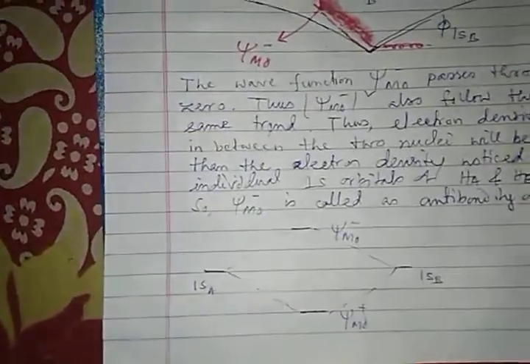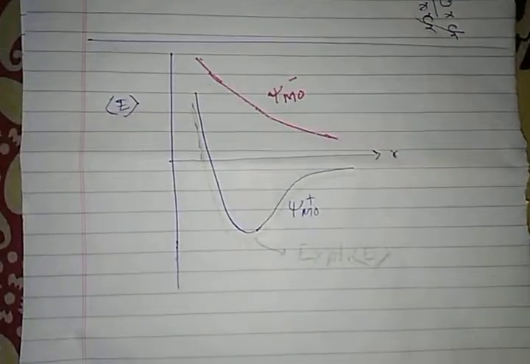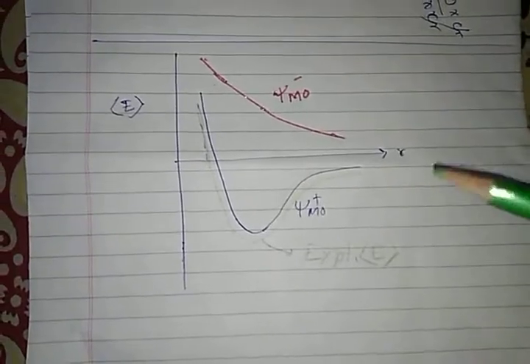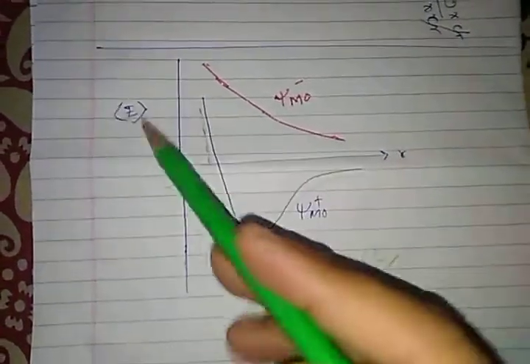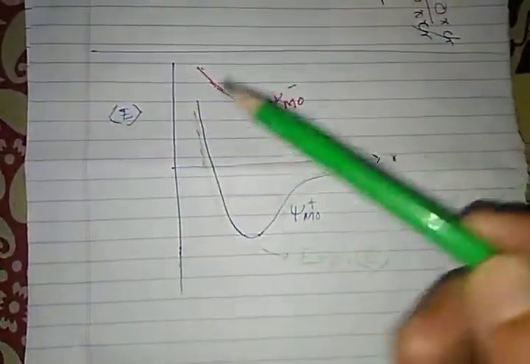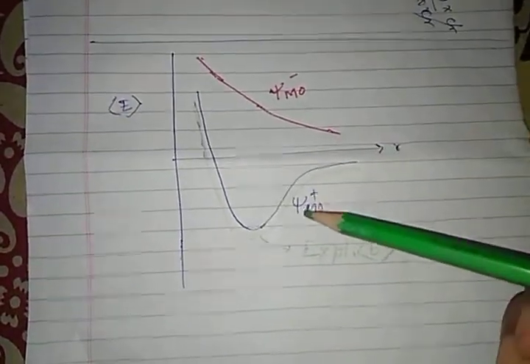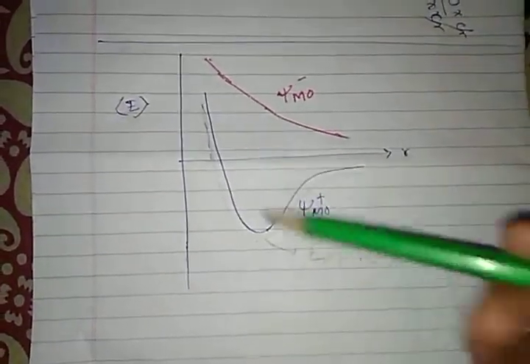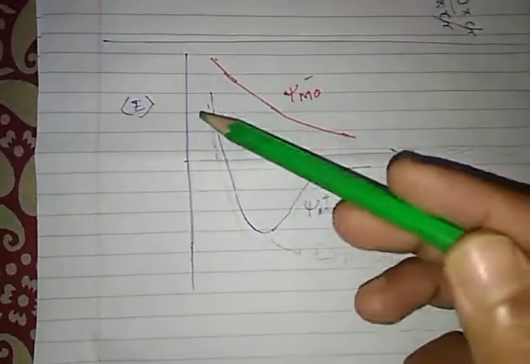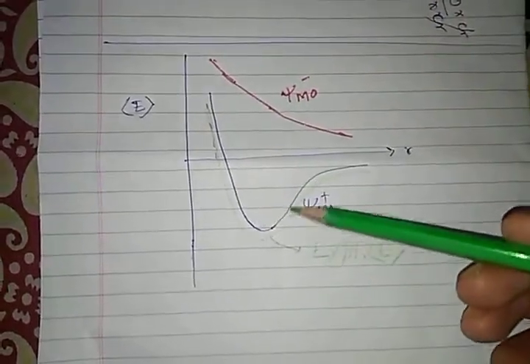Now if I want to plot another thing, that is the average energy for psi MO plus and psi MO minus, then psi MO plus will be a plot like this.